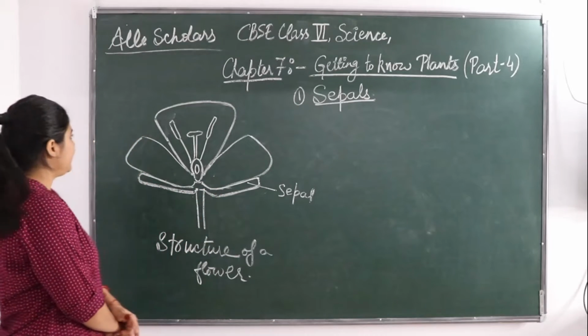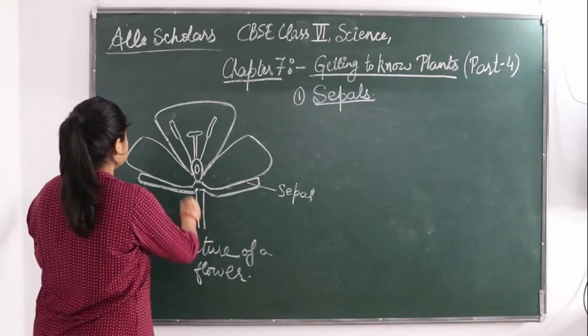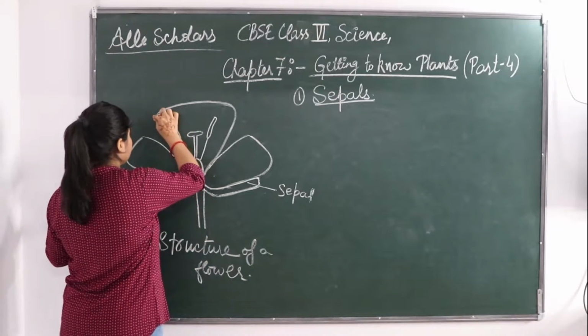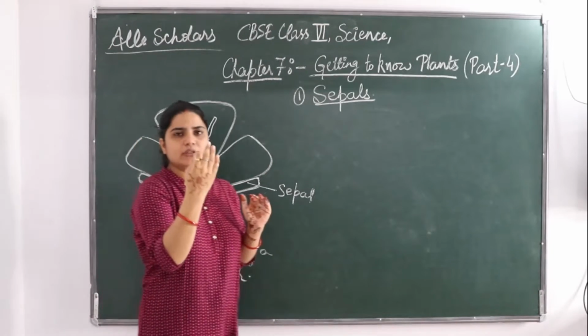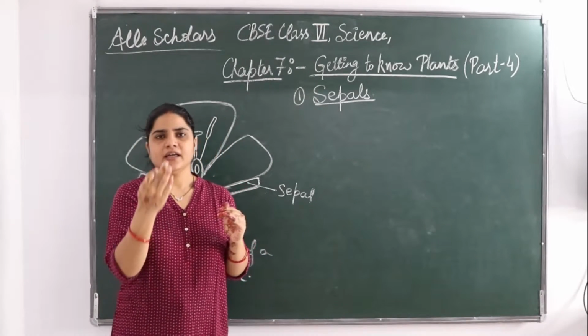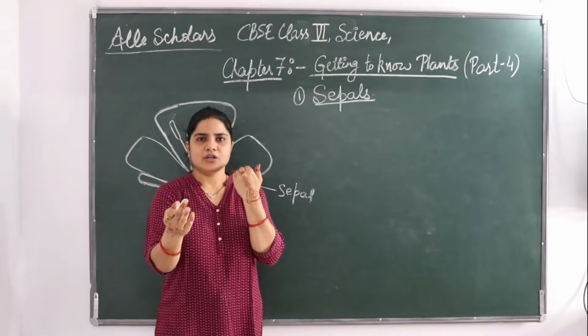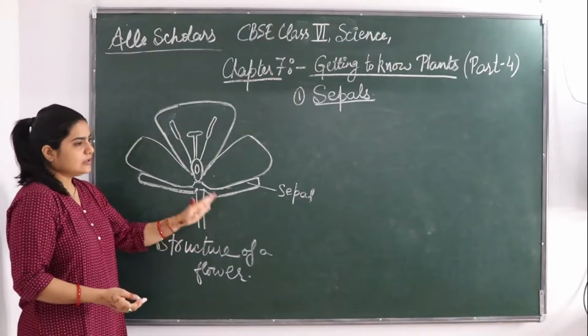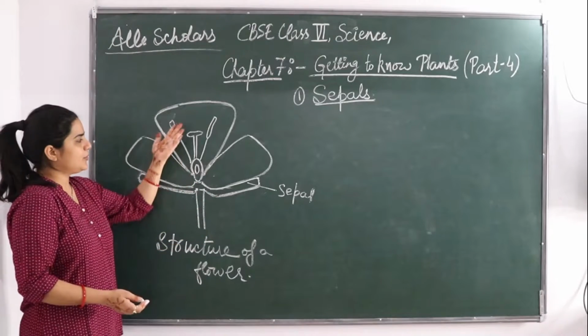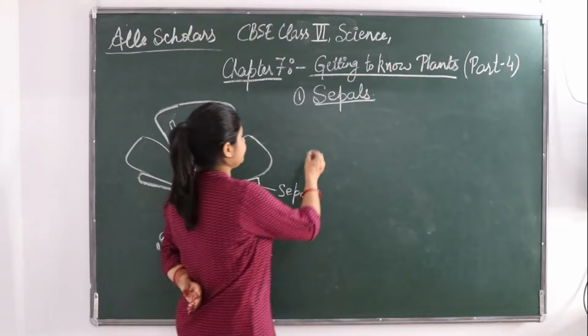So we always know that the outer body of anything protects the inner always. Similarly these sepals are the outermost wall of a flower, so they are protecting the inner flowers.